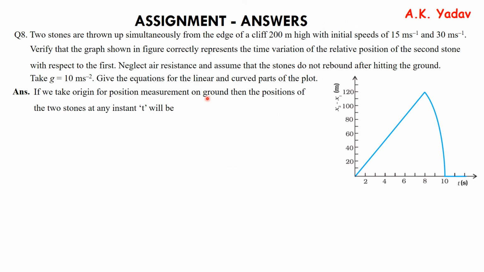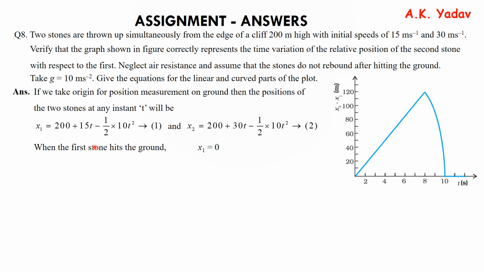Then the position of the two stones at any instant will be, for the first stone, x1 is equal to 200 because it was already the height of the cliff, plus, using the equation s equal to ut plus half at square, u is 15, t is t, minus, because it is thrown upwards so a has to be minus 10, that's why it is minus half into 10t square. Similarly, I can find x2 is equal to 200 plus 30t minus half into 10t square. This is equation number 2.